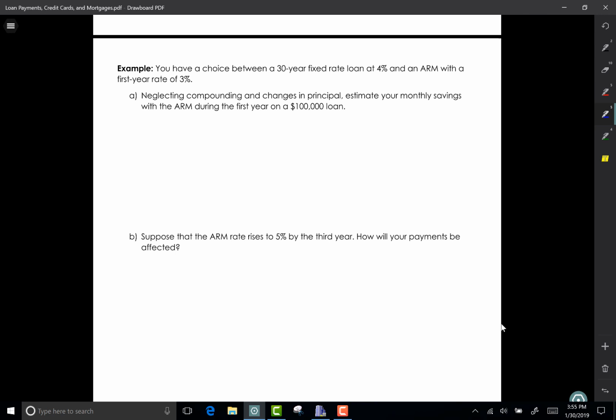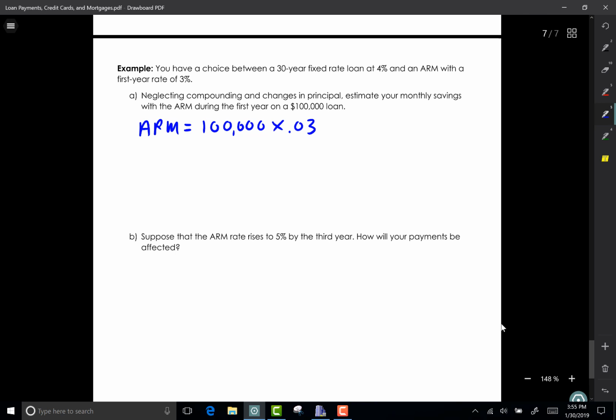So in part A, it says, neglecting compounding and changes in the principal, estimate your monthly savings. So for the ARM, if we multiply that by 0.03, now this is just an estimate. This is not including the compounding where we include the interest when we recalculate.